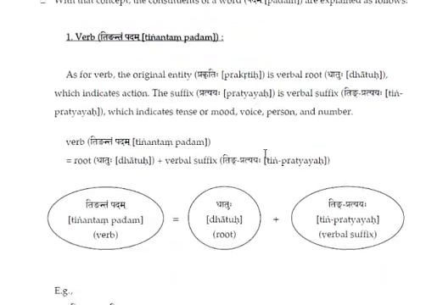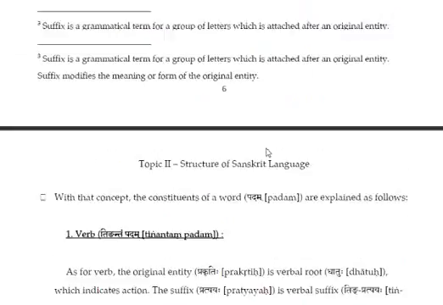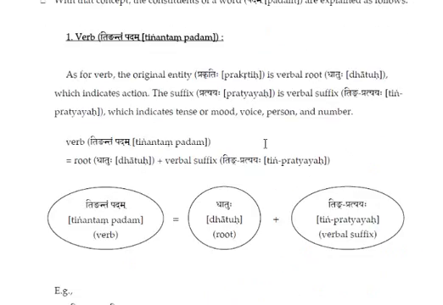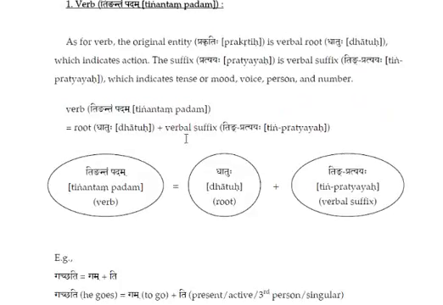So last time we saw page number 7. Prakriti and Pratyaya for the verb Tingantam are Dhatu and Tin Pratyaya. Prakriti is Dhatu for Tingantam Padam, the verb, and Tin Pratyaya is the Pratyaya for the verb.